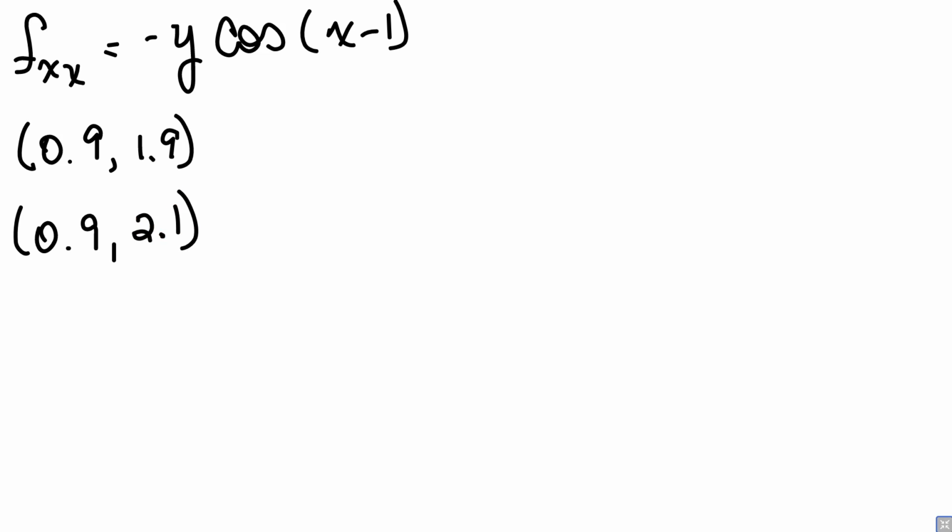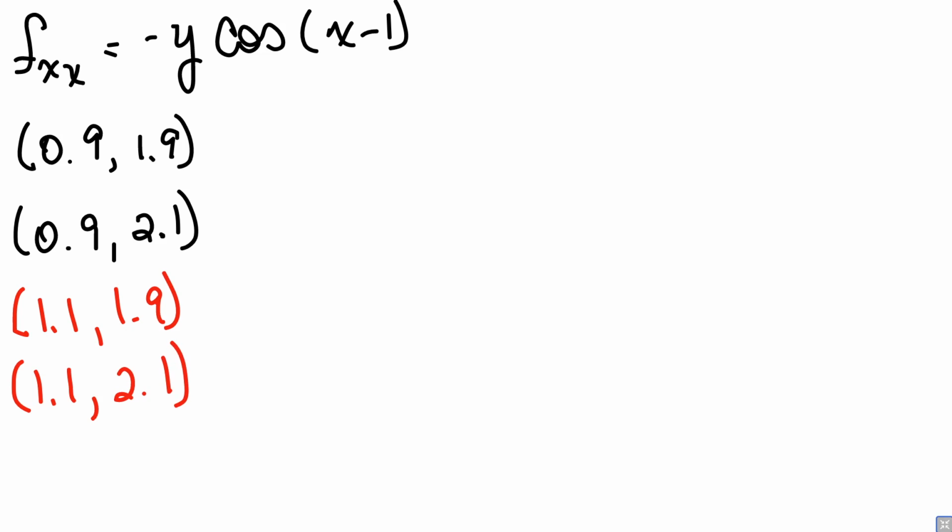Keep in mind what we're looking at is the endpoints, and we do have two other endpoints: 1.1 comma 1.9, and 1.1 comma 2.1.